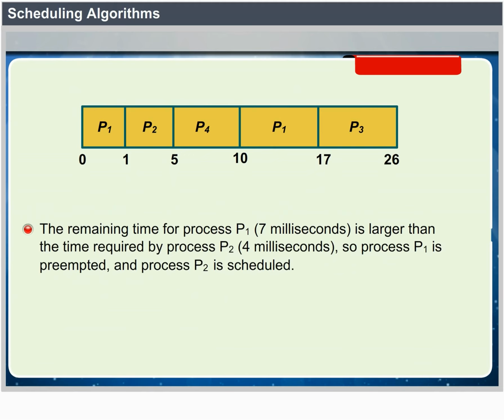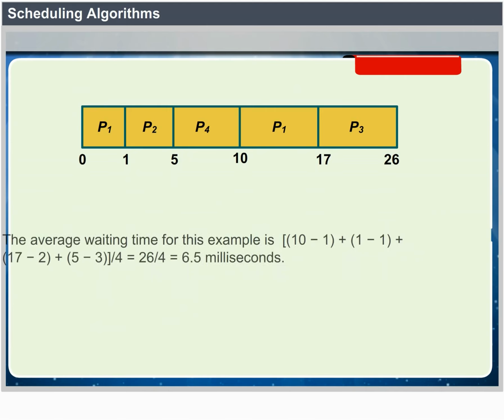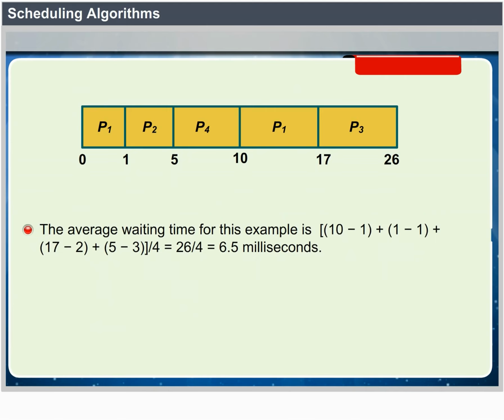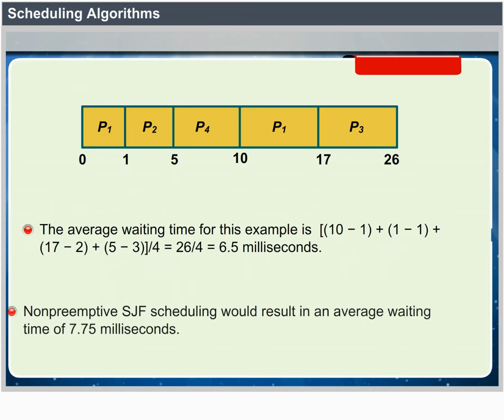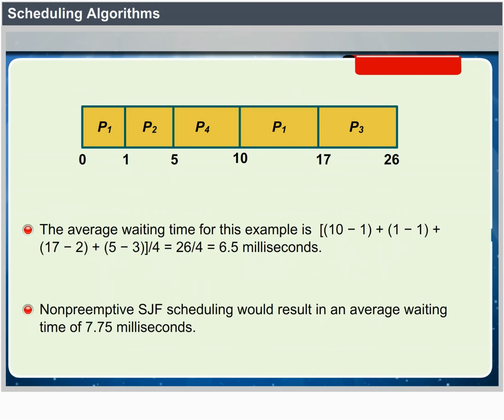The average waiting time for this example is [(10 - 1) + (1 - 1) + (17 - 2) + (5 - 3)] / 4 = 26 / 4 = 6.5 milliseconds. Non-preemptive SJF scheduling would result in an average waiting time of 7.75 milliseconds.